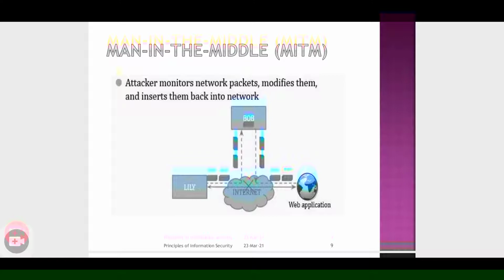He monitors the network packets passing through the internet, captures them, modifies them, and inserts them back into the network. That is MITM, the man in the middle attack. This is an active attack which comes under modification of content.